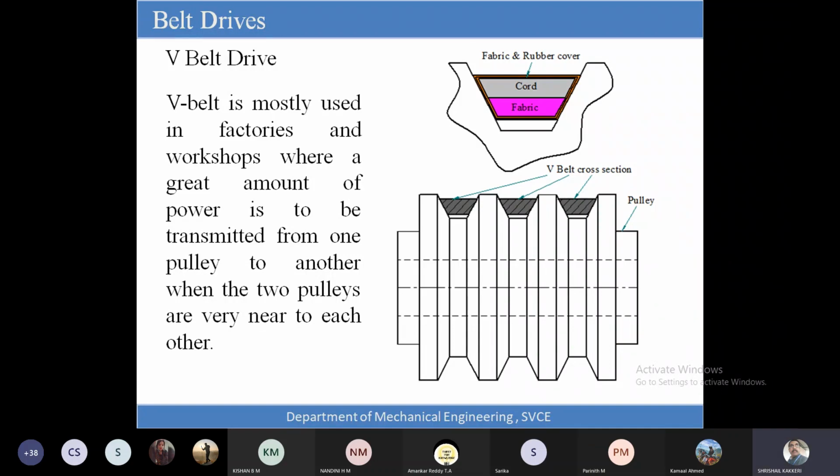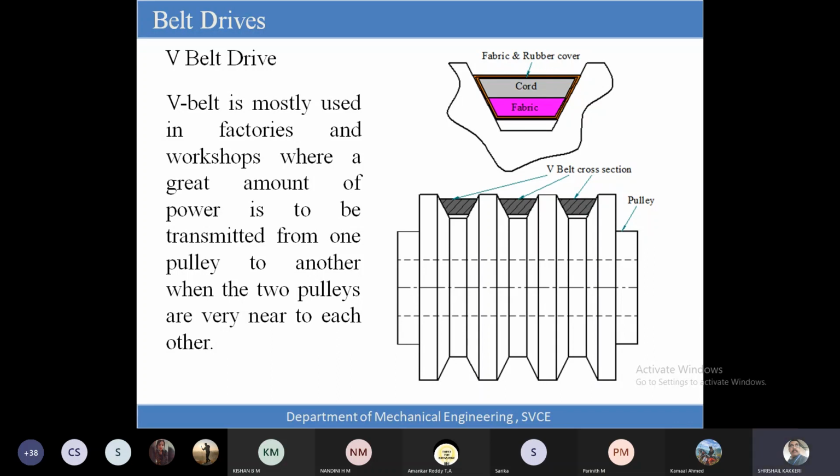Now, already we have seen the flat belt drive. Under them are two different arrangements which we use whenever we need to rotate the pulleys in defined directions, or when the center distance between them is slightly different. Based on this, we select the cross belt drives or open belt drives. Now let me come to the V belt drive.